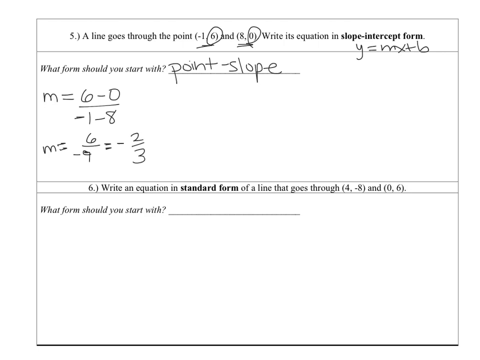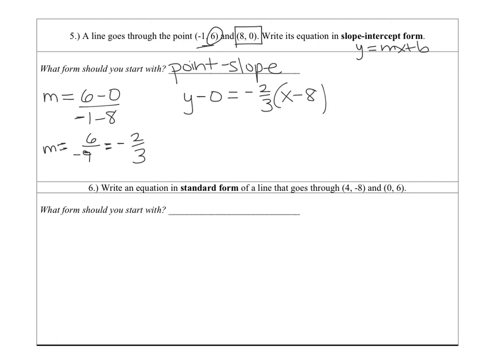Now that I know my slope, I'm going to take one of my points. It doesn't matter which point you choose. You can choose (-1, 6) or (8, 0). I personally like the ordered pair (8, 0) because I think 0 is an easy number to work with. So I'm going to plug that into point-slope form. I'm going to do y minus the y value of 0 equals your slope, which is -2/3, times x minus 8.